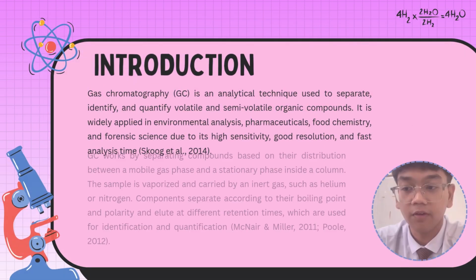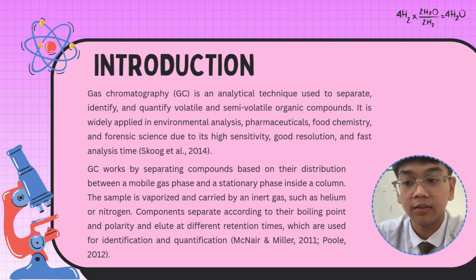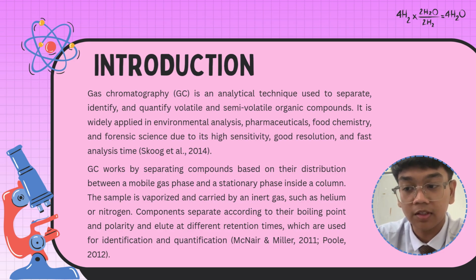Gas chromatography, or GC, is an analytical technique used to separate, identify, and quantify volatile and semi-volatile organic compounds. It is widely applied in environmental analysis, pharmaceuticals, food chemistry, and forensic science due to its high sensitivity, good resolution, and fast analysis time.